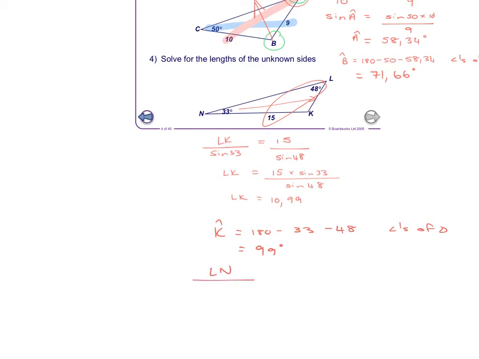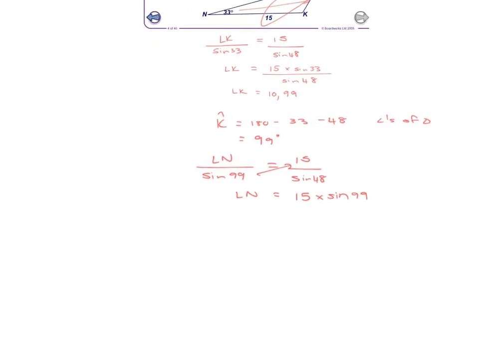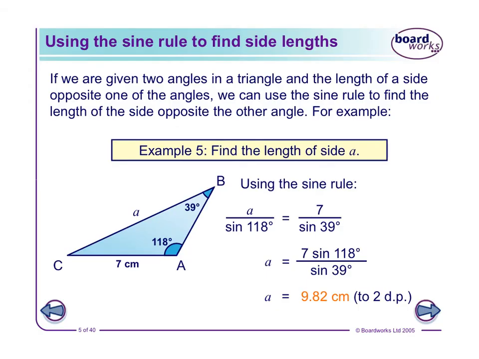So LN over its sine 99 is going to be equal to, I'd prefer to use the original given information, and then get LN by itself by moving the sine 99 across. And here we don't need to use our shift because we're not solving for an angle. So you just type it straight into your calculator in the fraction button, and we get 19.94 units.